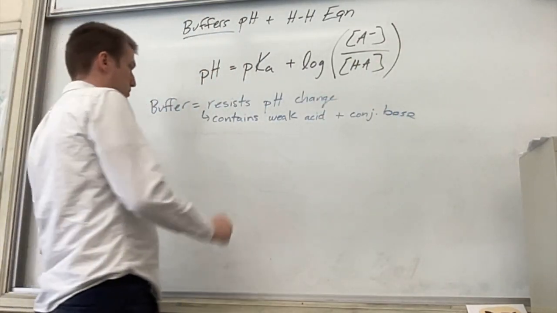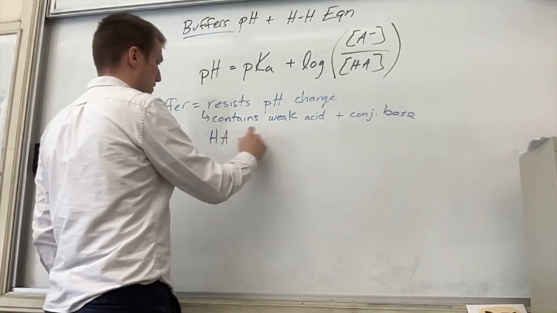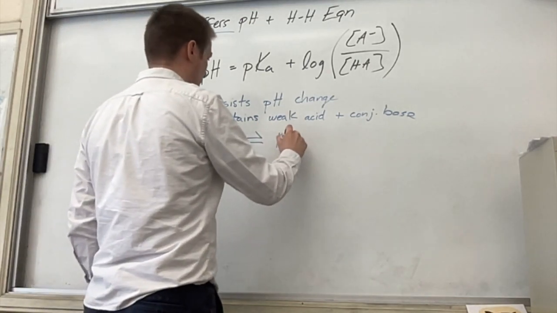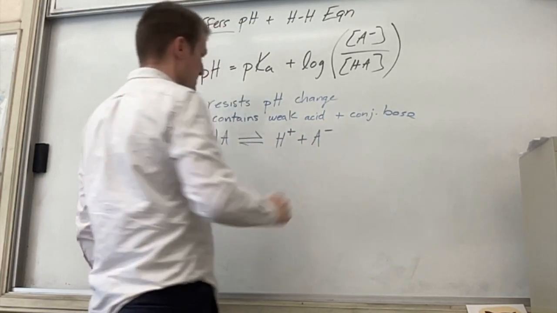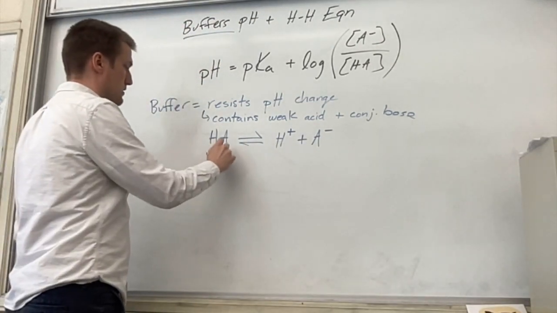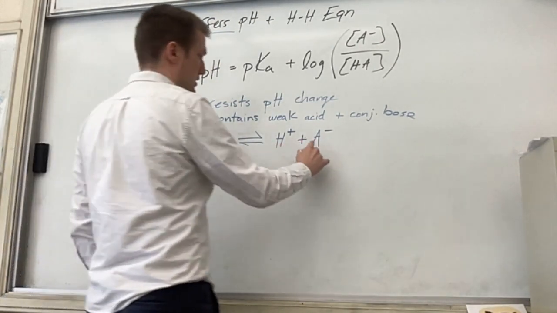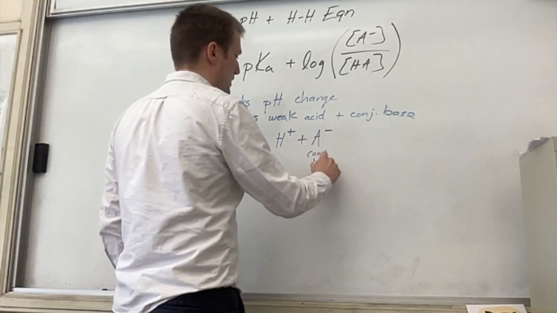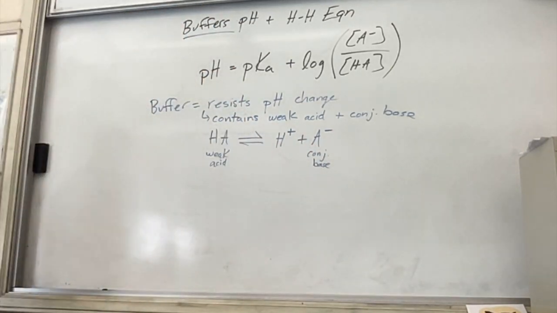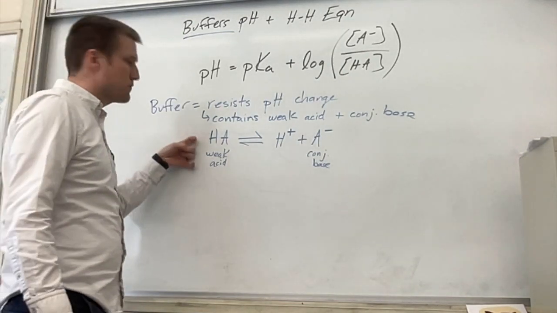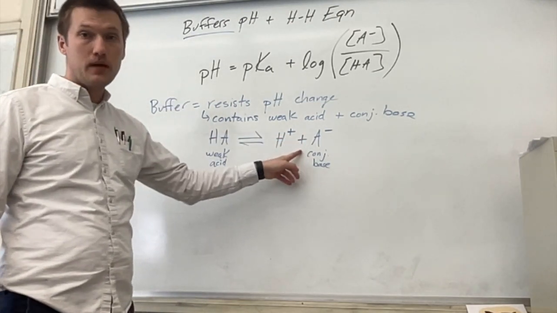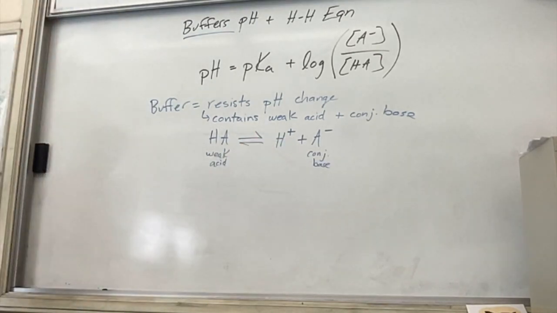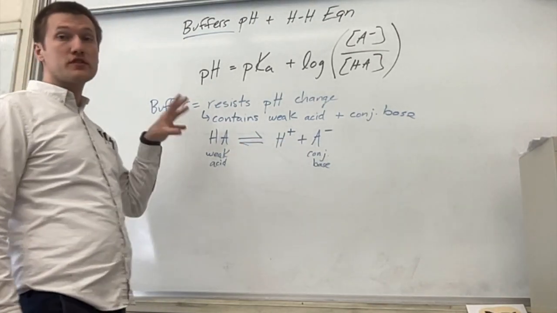So, for example, if you have this reaction of a generic weak acid, where this would be the weak acid, HA, and this would be the conjugate base. If this is a weak acid, that's going to be an equilibrium, and your system is going to contain a bunch of particles of HA in solution and a bunch of particles of the conjugate base, A minus, in solution. So that is your buffer system.